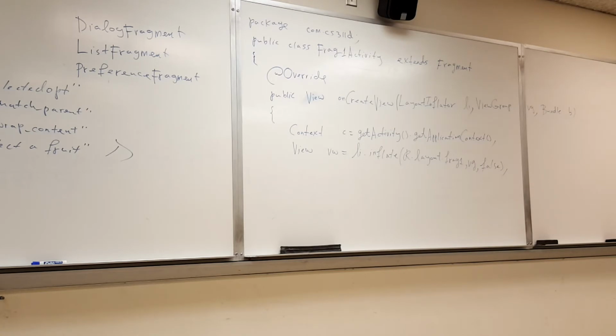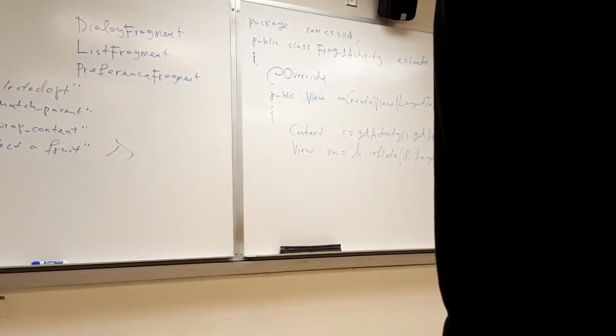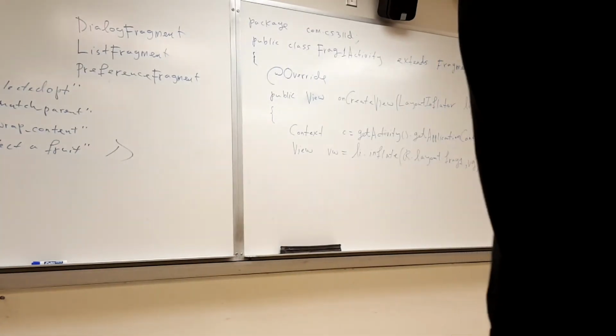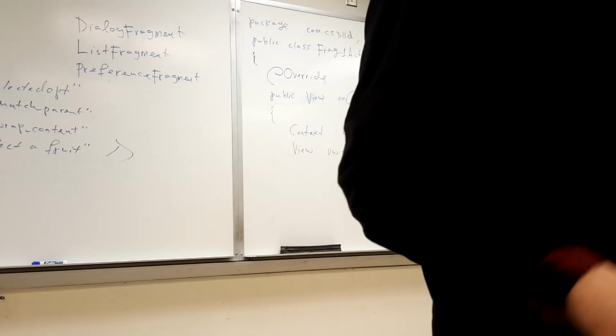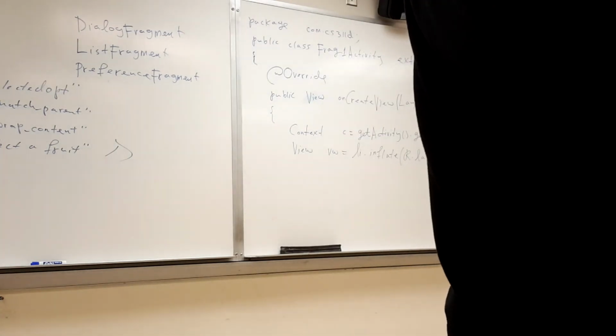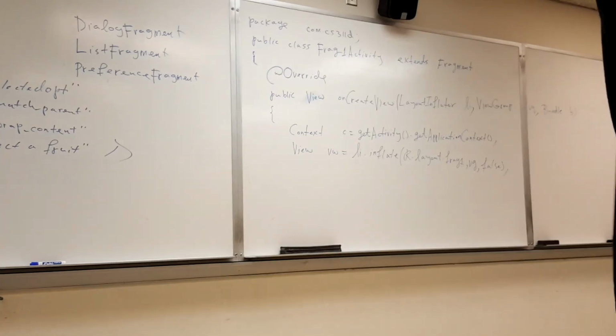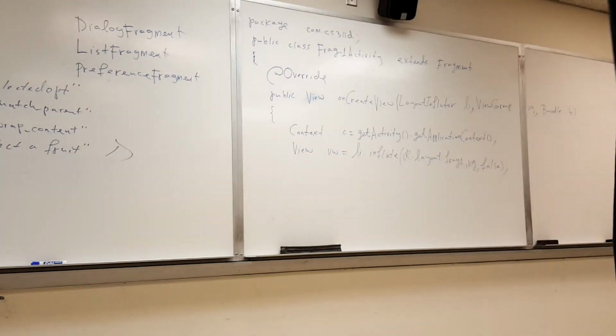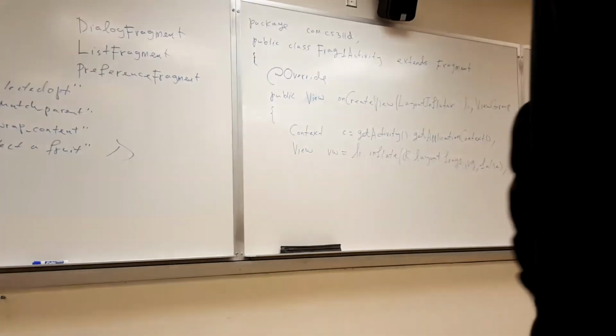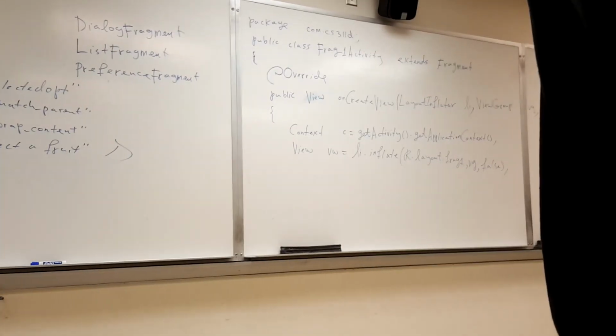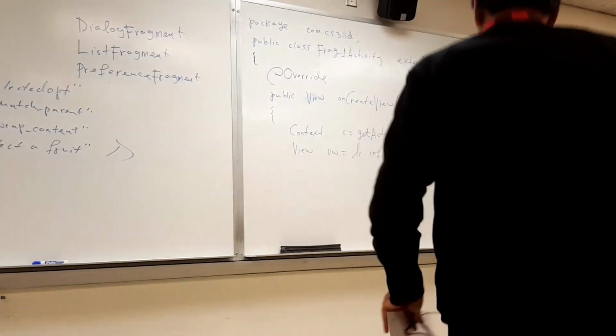Fragment doesn't come with a view, okay? Activity has context, activity has view. So in activity, very easily, you could do whatever you want. Saying hello world is just very simple. But in fragment, you need to create your own context. You need to inflate your XML. That's what I'm doing, always, okay?